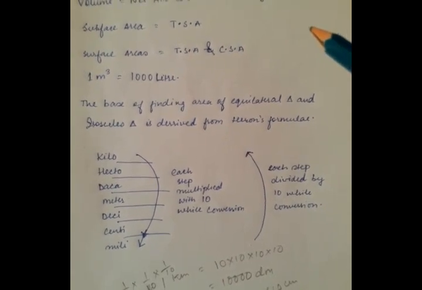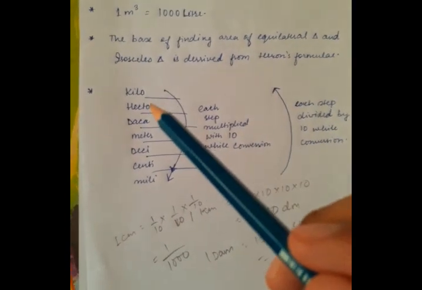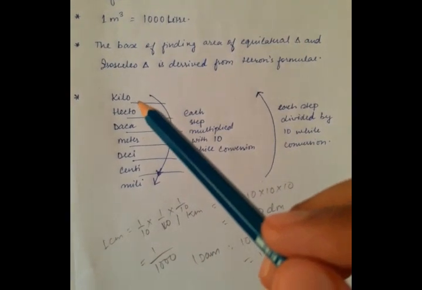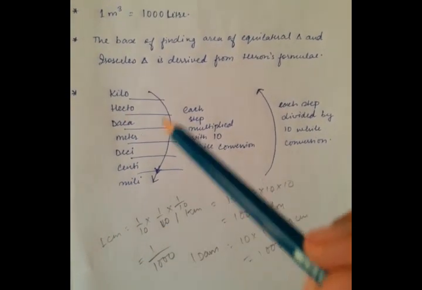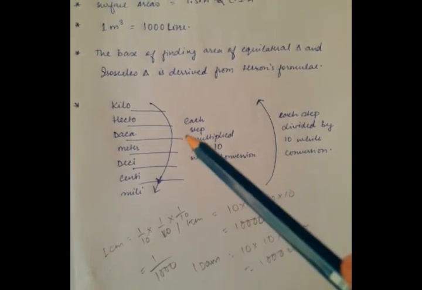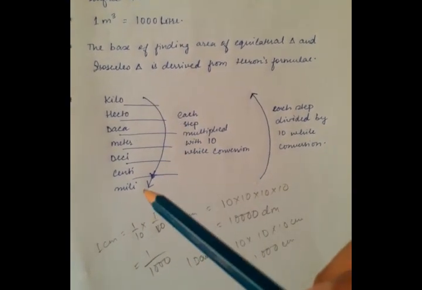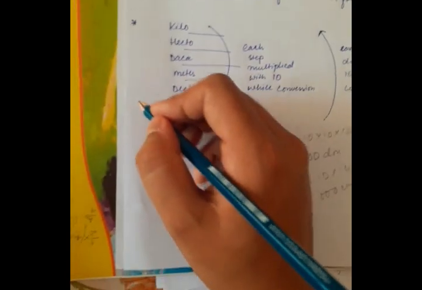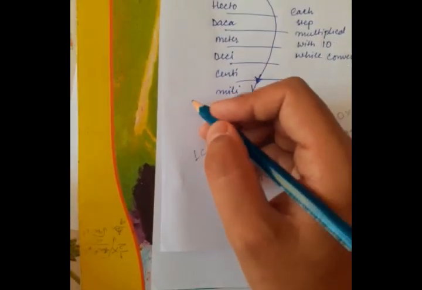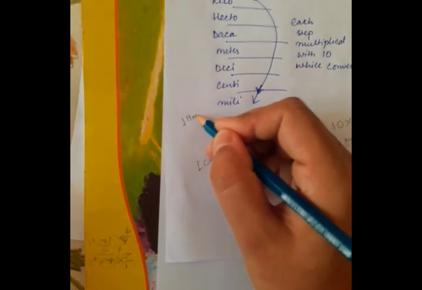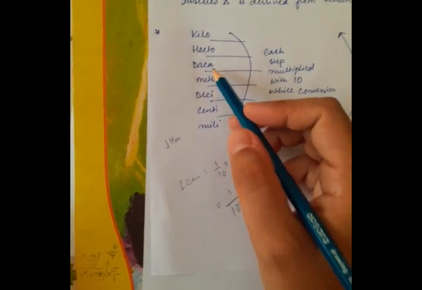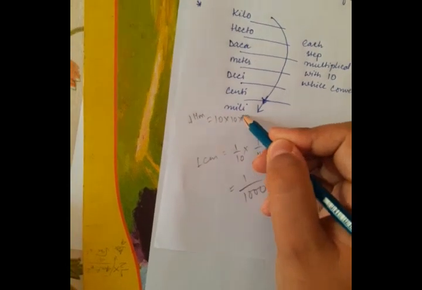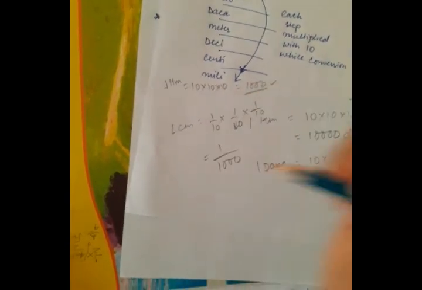And the next one is this: kilo, hecto, deca, meter, deci, centi, milli. Make it clear and loud that you should memorize this for conversion. From up to down we have to multiply by 10 each. For example, if we are asked to find one hectometer equals how many decimeter, so this is 10, 10, 10, so we have to multiply 10 into 10 into 10, that gives 1000.